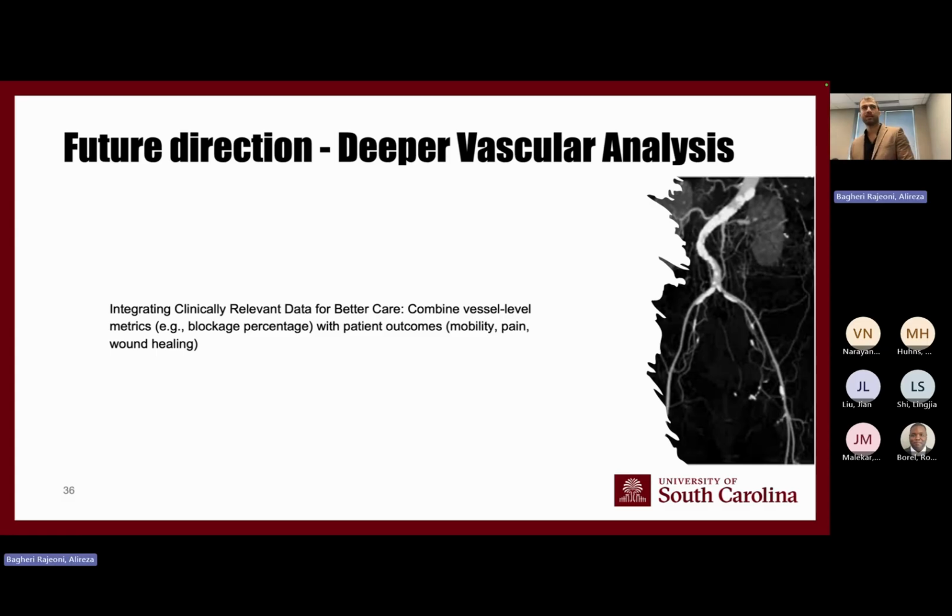For deeper vascular analysis, we can integrate more clinically relevant data for better care. For example, we can combine vessel-level metrics, like what percentage of the vessel is blocked. That can have a correlation with leg pain potentially, or the mobility of the patient.